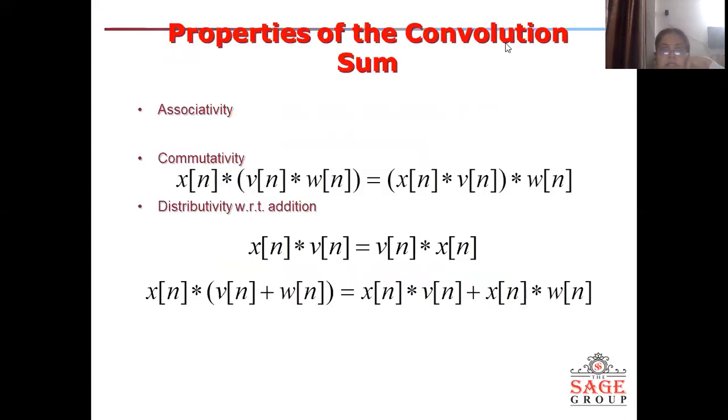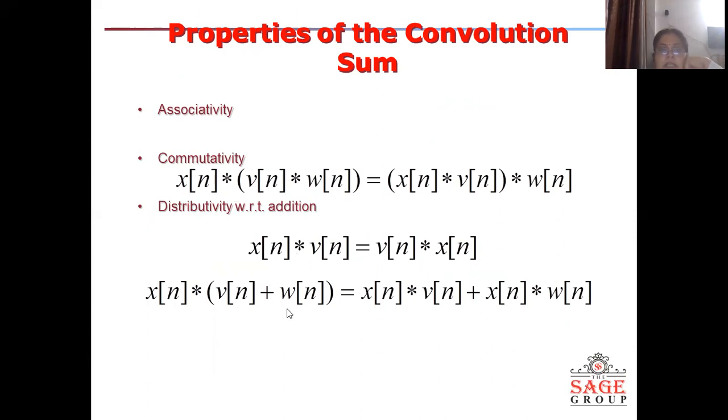So these are the properties of the convolution sum which we have represented. Now we have taken the three convolution operations, one between these two signals and these two signals, and we can interchange the order of the signals, and we'll prove that this is the commutative property.